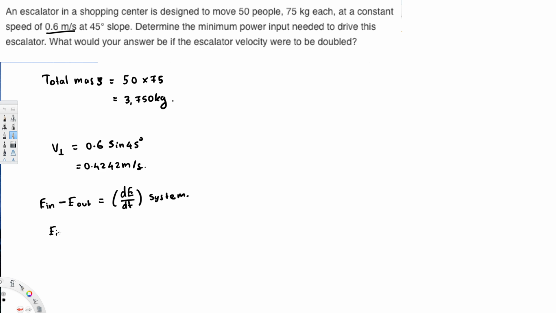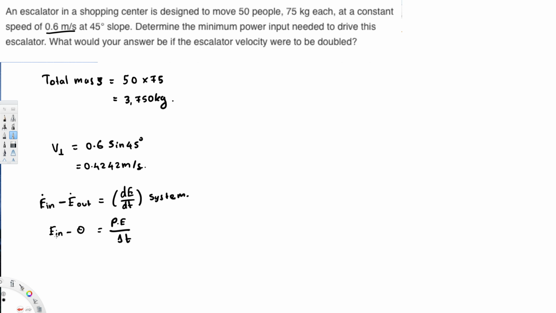So E in minus 0 is going to be d over dt, and this system is in potential energy, so it's potential energy over delta t. And since we are talking about dt, we have to put a dot right here. It's per unit time, right? So this is going to be potential energy over delta t.